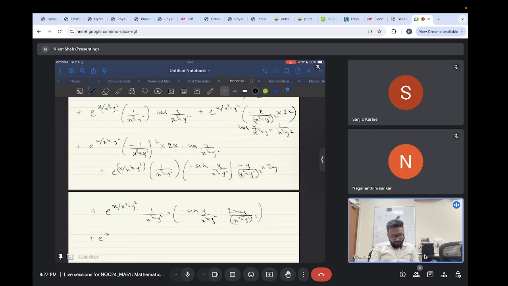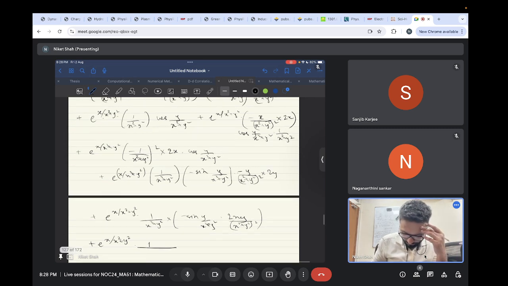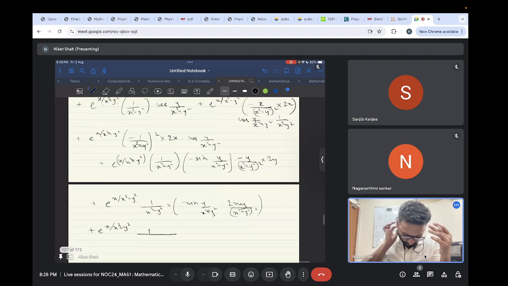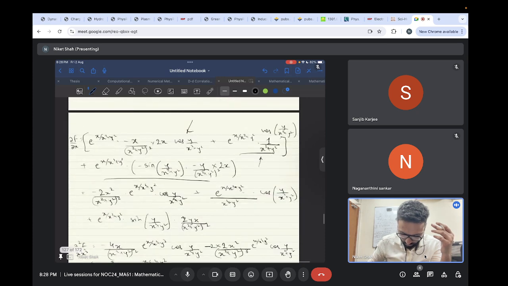Plus e to the power x divided by x square plus y square. It's a long term. It's actually getting very confusing. I need to do it much more systematically.